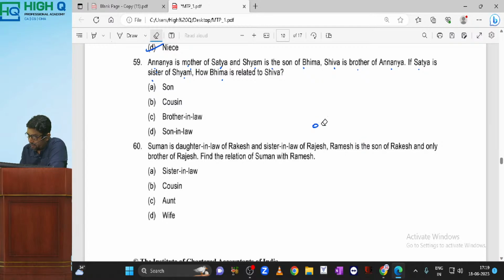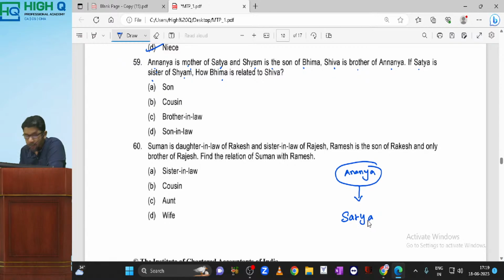Let me write it clearly so that I will not make any mistake. Ananya is the mother of Satya. I am not sure whether to use female or male symbol, because Satya could be male or female. And Shyam is the son of Bhima. I don't know where Shyam is, let me come to that later. Shiva is the brother of Ananya.